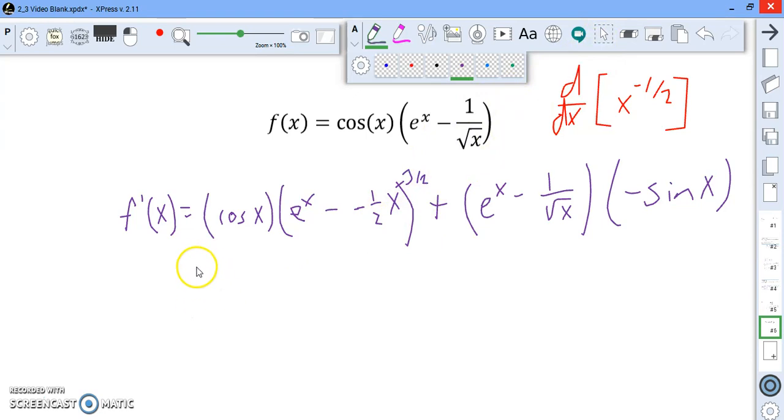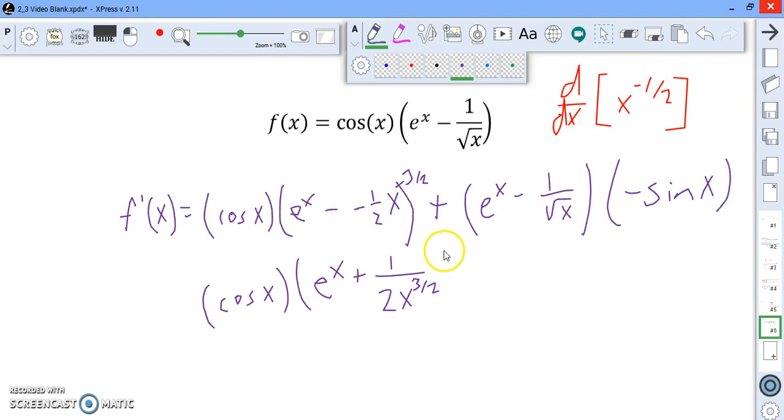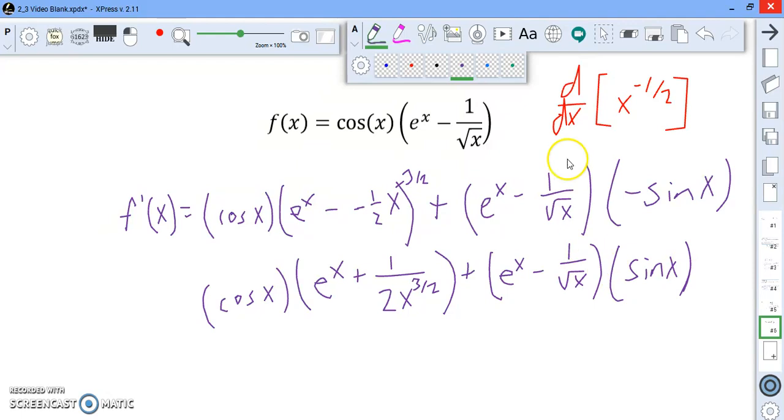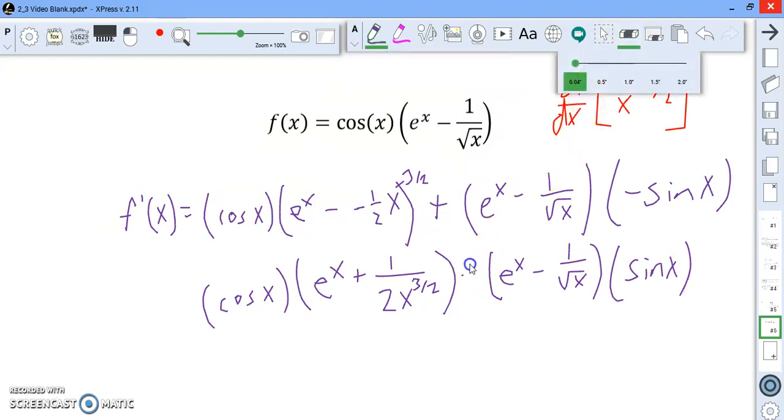So writing that a little nicer, I end up with cosine of x times e to the x plus 1 over 2 x to the 3/2. I could write square root of x cubed or something like that, but who needs it? E to the x minus this. And I'm going to write sine and change this to a minus sign.